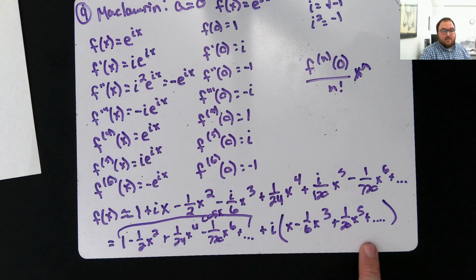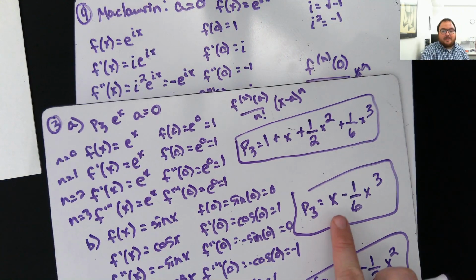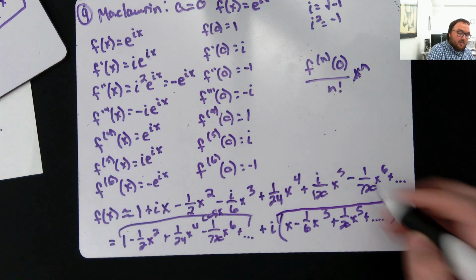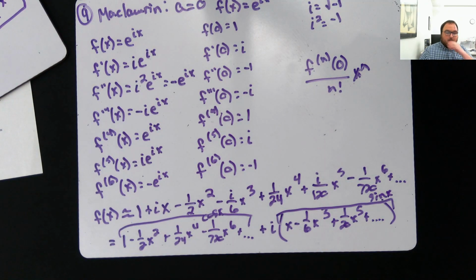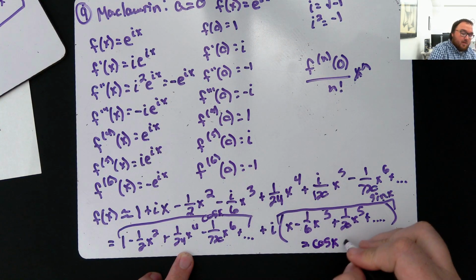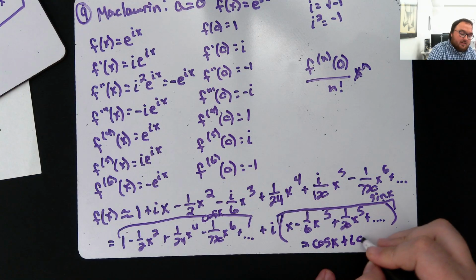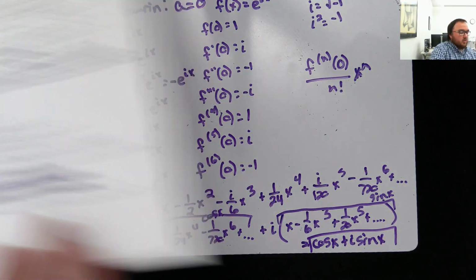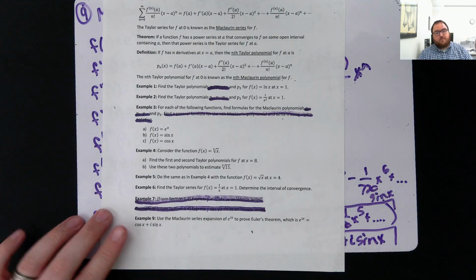What do you notice about this? Well, look at that. That's what I got for the sine of x. So what I end up with is cosine of x plus i sine of x, which is what we needed to prove. So we're good there.